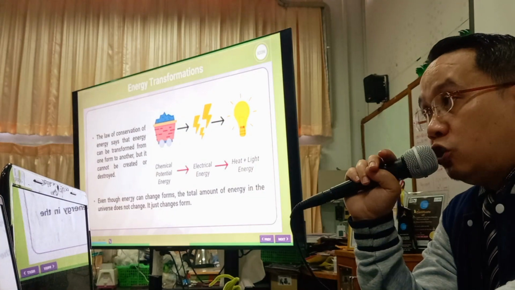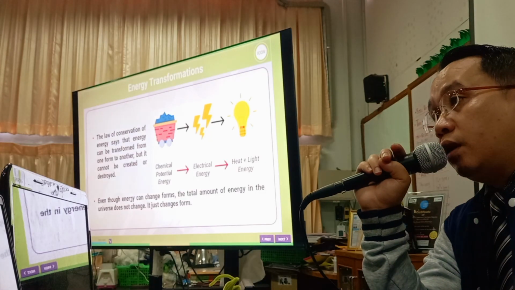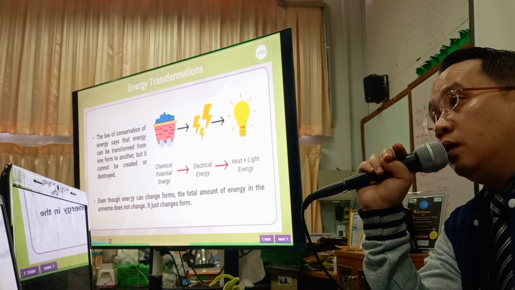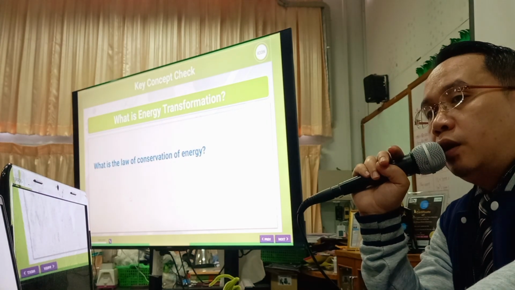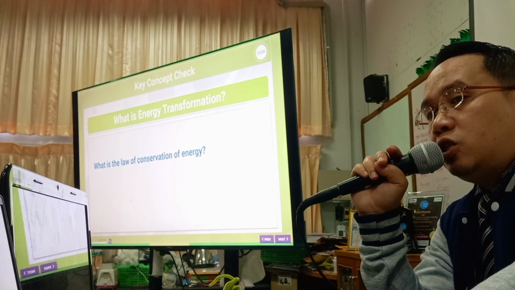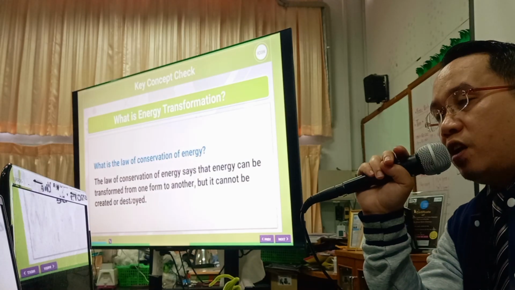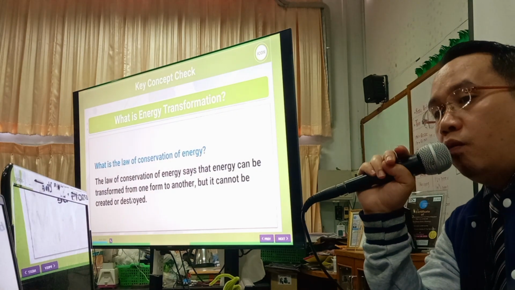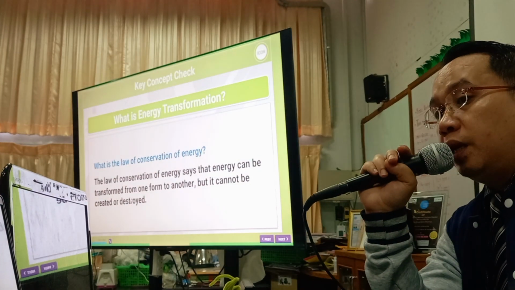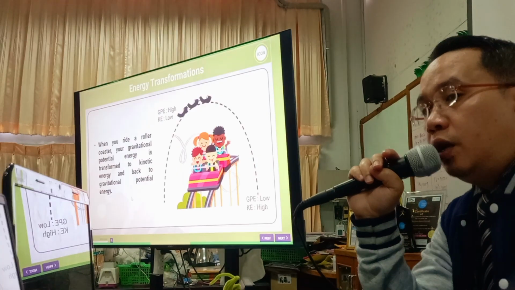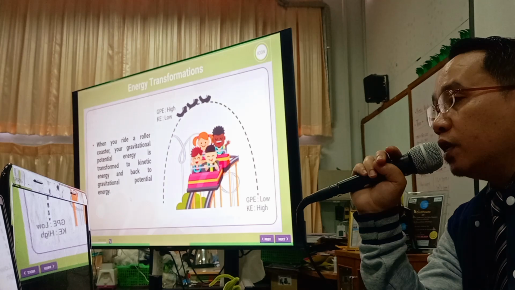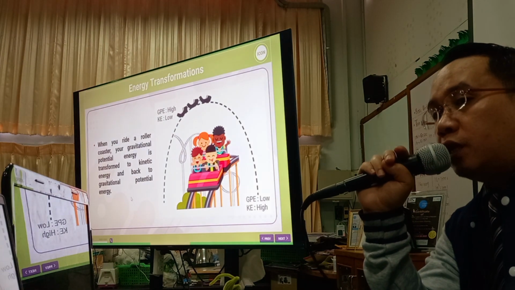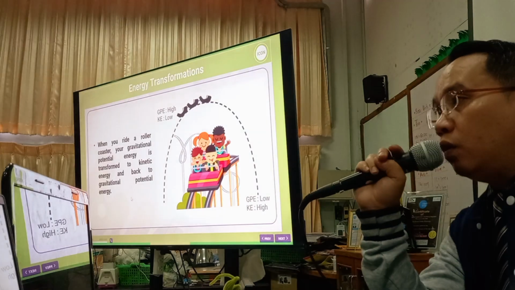It's just changing form, not by the removal of atoms and molecules. So what is energy transformation? The law of conservation of energy says that energy can be transformed from one form to another, but it cannot be created or destroyed. For example, here we have gravitational potential energy, which is high.